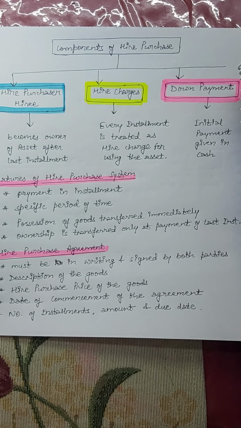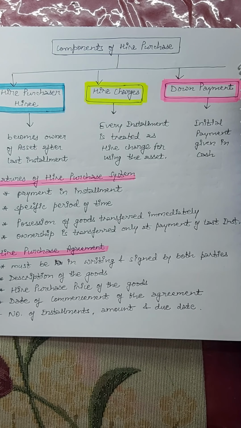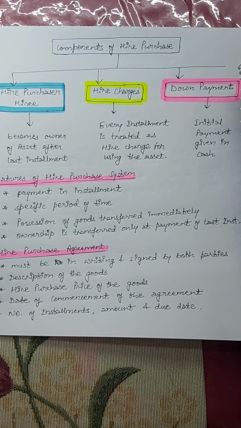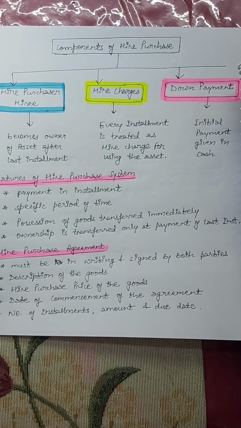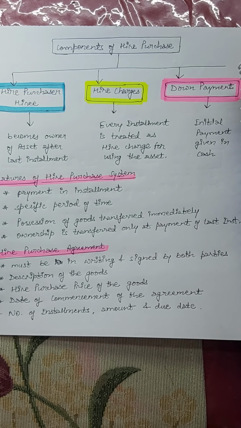Next feature is possession of goods transferred immediately. Goods are given to the hire purchaser at the time of down payment only, but the ownership is transferred only at the payment of the last installment. So there are two different things.